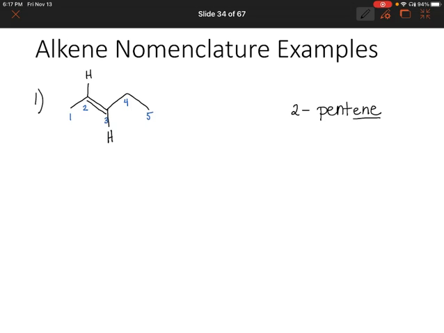So the hydrogens are opposite each other. Additionally, the carbon groups are opposite each other on the double bond, so that should be trans. So this is trans 2-pentene. Or remember, you can also write this as trans, pent-2-ene. So sometimes they put the number right before the ENE.